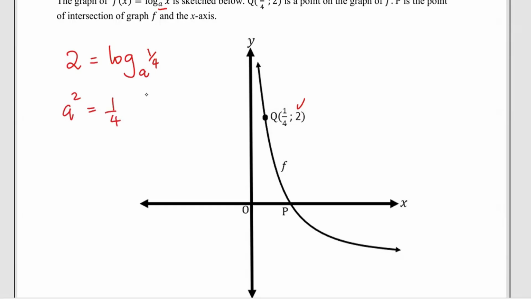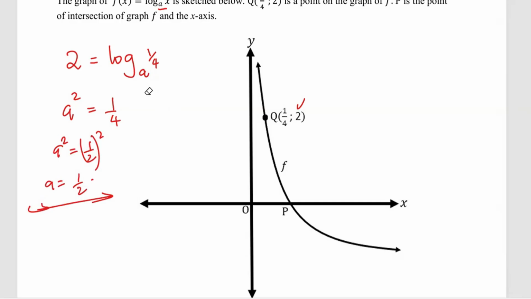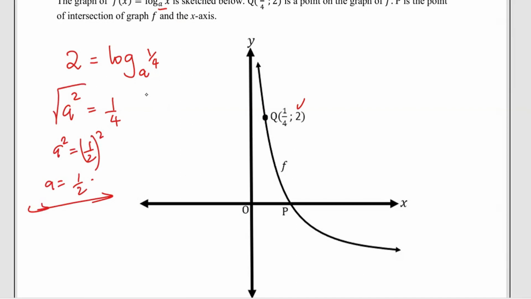Okay, the question is, what do we do? How can we express this? So if I have a squared, this can also be a half, but squared. Meaning that our a is a half. Alternatively, we can use what we call the square root, find square roots.